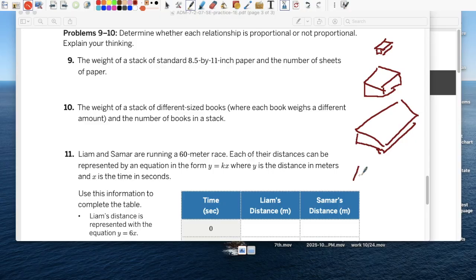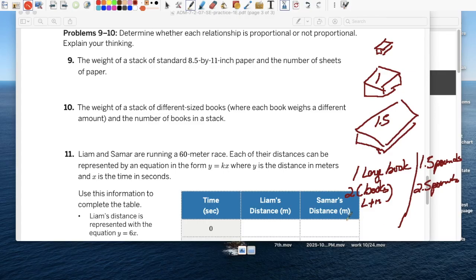So if I had one large book, let's call it 1.5 pounds. Very large book. What if I had 2 books? One large and one medium. Well, this is 1.5 pounds. This is 1 pound. So if I had these 2 books together, it would be 2.5 pounds.